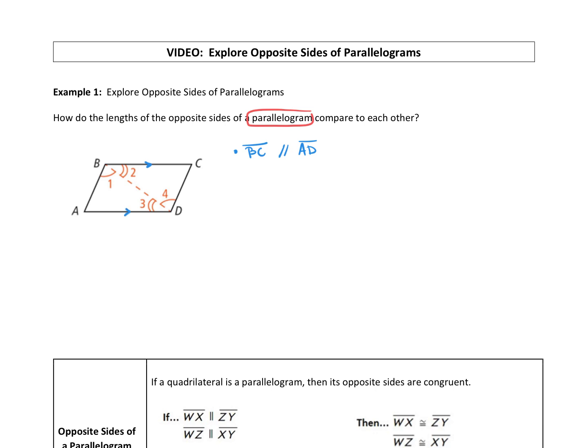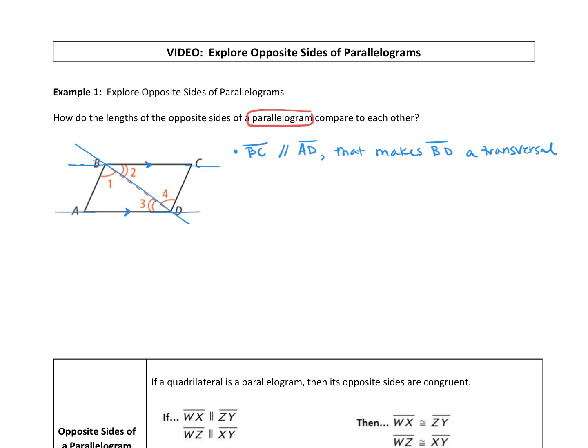If we think about extending sides BC and AD just a little bit, what we notice is that this diagonal BD is a transversal of those two parallel lines. So if BC is parallel to AD, that makes segment BD a transversal.